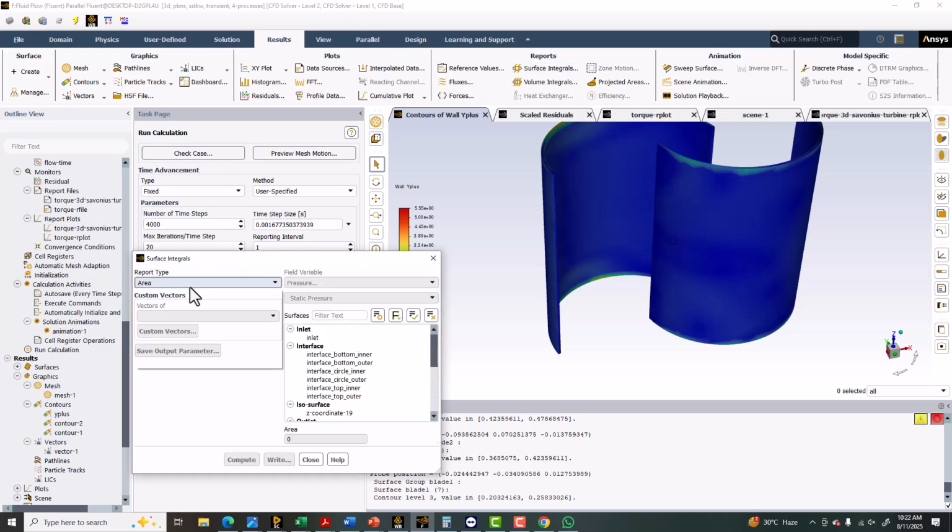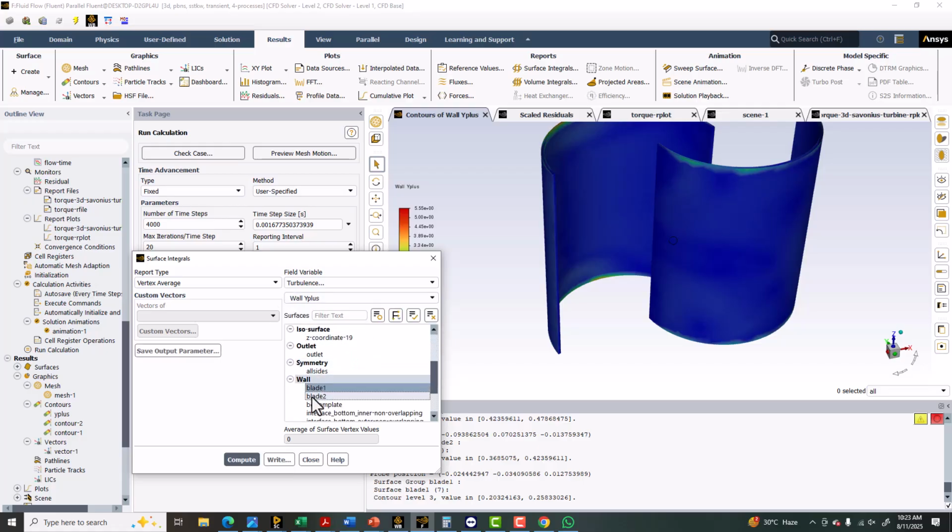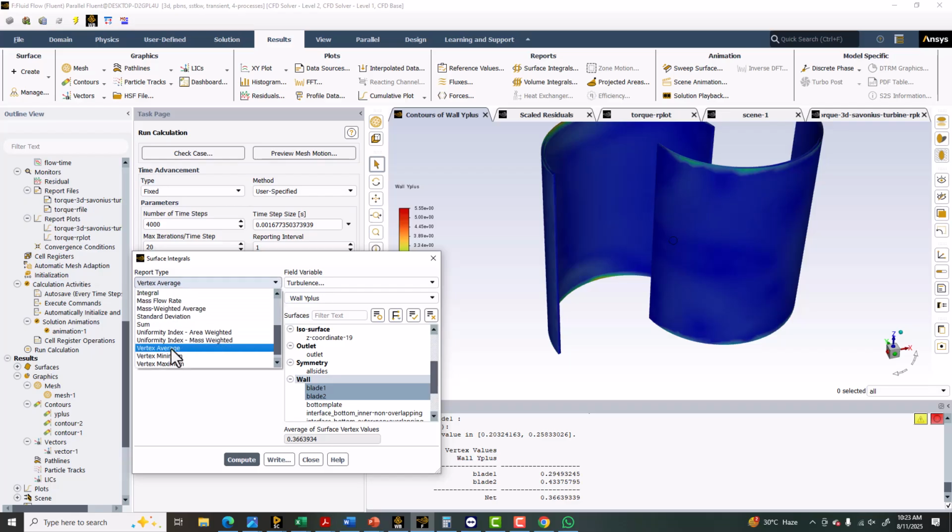So if I take the surface integrals and vertex average, and from here turbulence and Y plus, because I only made the boundary layer mesh on the blades, not the bottom and top plate, that's why I'm going to get the values over here. So the average value is 0.36, and the maximum value, as I told you, is around 5.5.